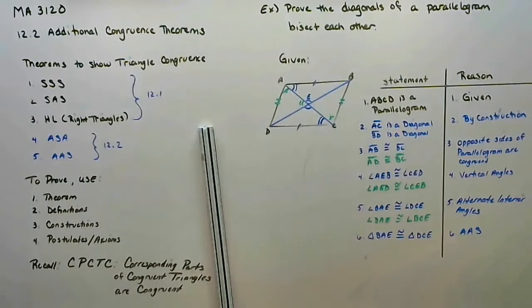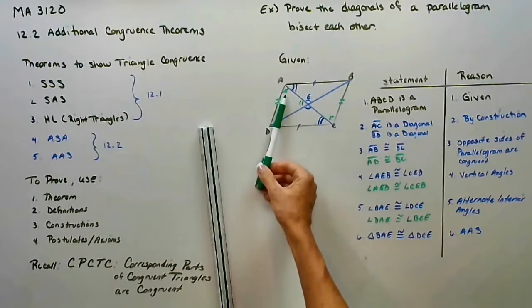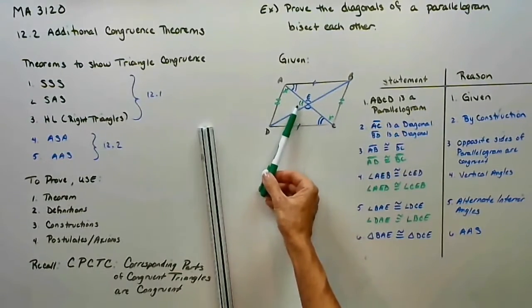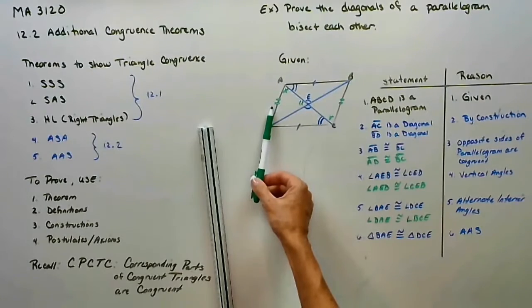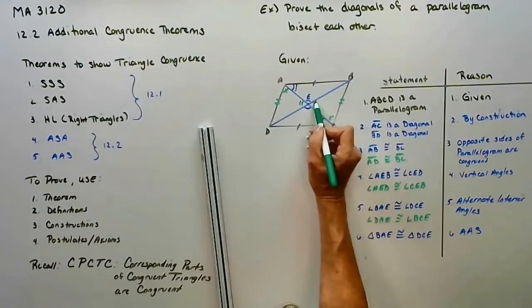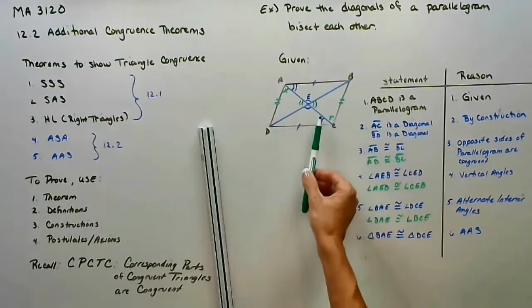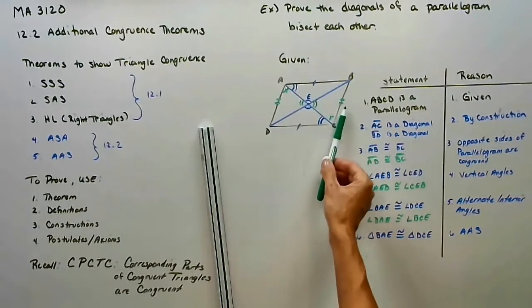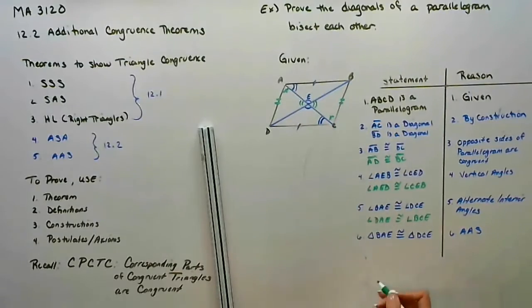Now do it again with the ones that I have in green, the ones on the left and the right. Notice I have an angle and a side that's not between them. I also have, I forgot to put the vertical in here, an angle and a side that's not between them.